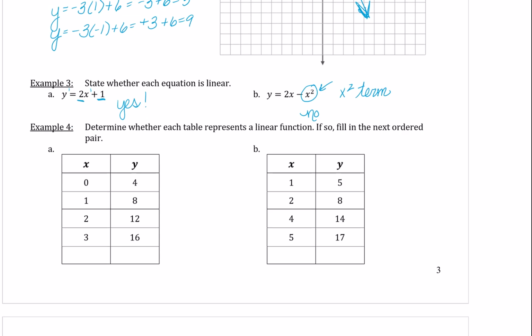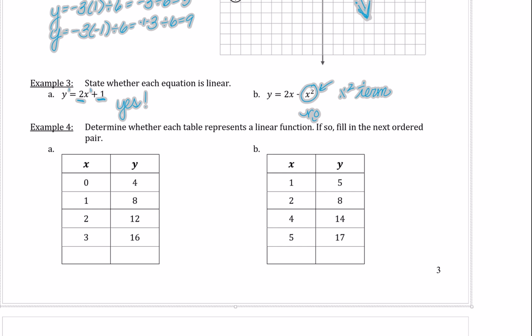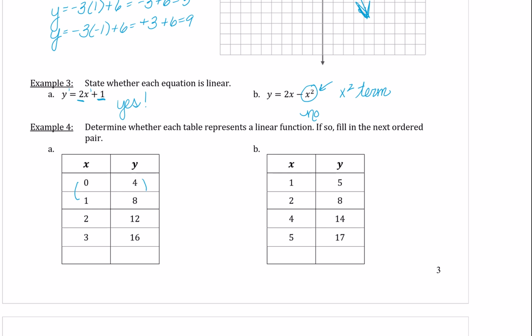All right, so looking at a table to see if it represents a linear function, what we're going to do is check to see that the slope stays the same throughout. Remember, slope between 2 points is the change in y over the change in x. The x's are changing by positive 1, and the y is changing by positive 4. So this slope is 4 over 1.